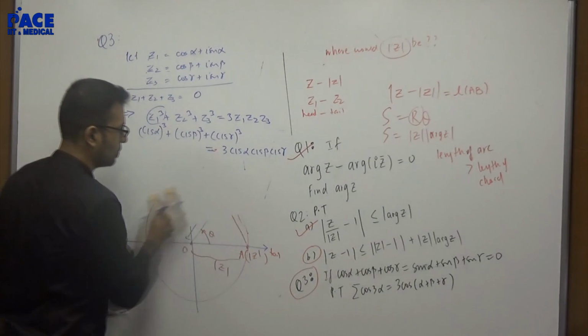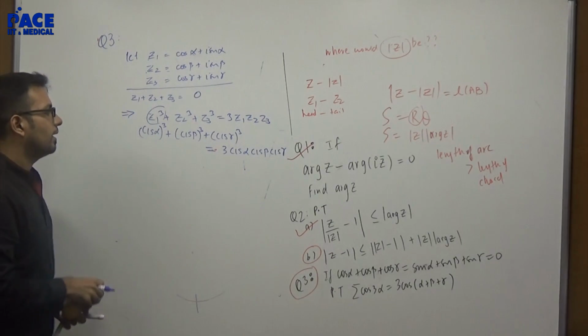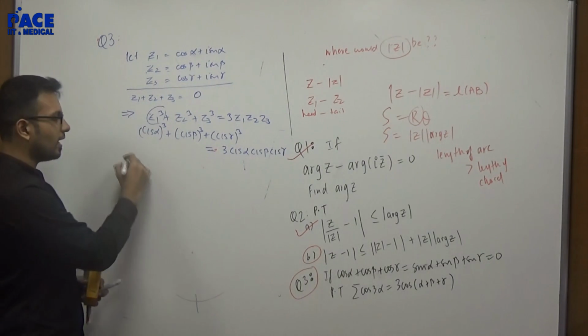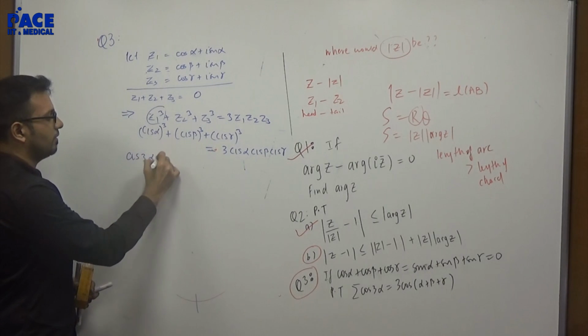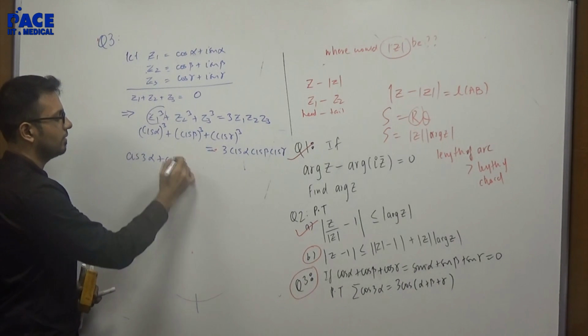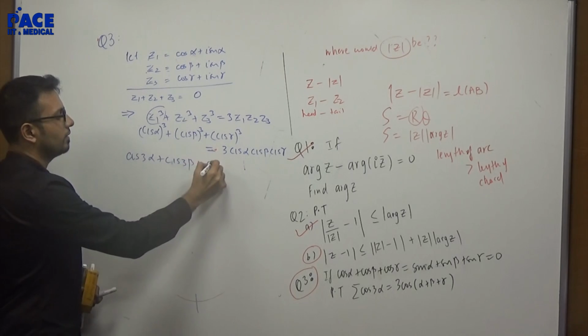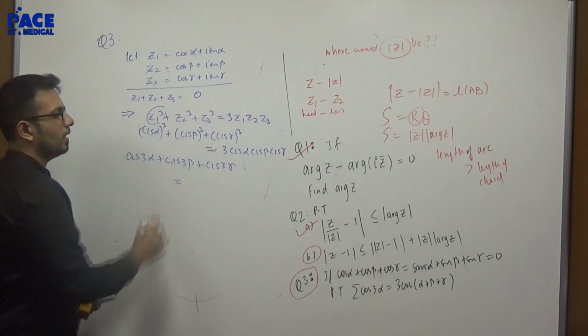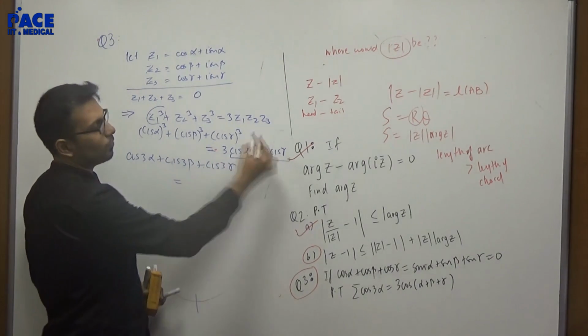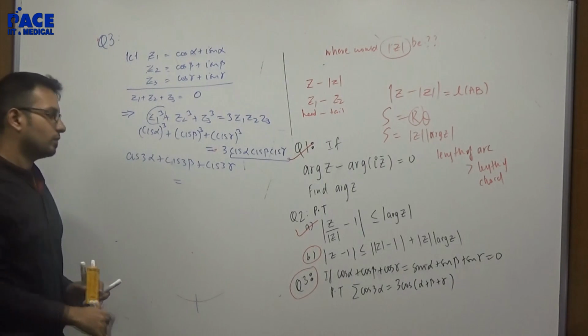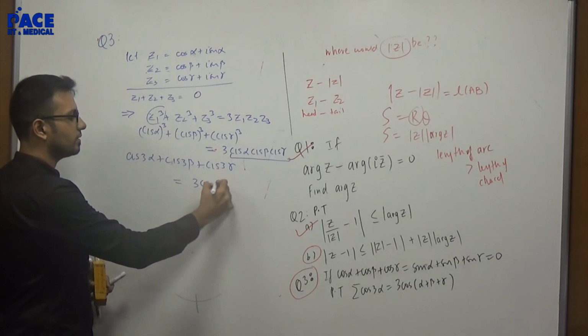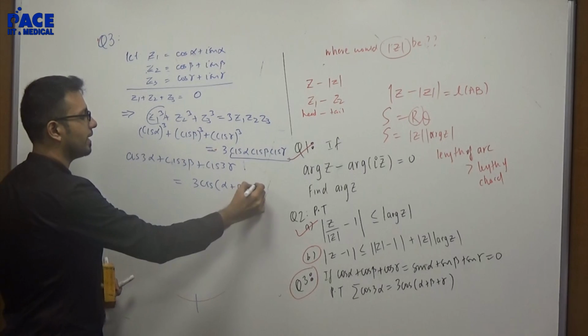Now cis alpha cube is cis 3 alpha plus cis 3 beta plus cis 3 gamma. जब cis मल्टीप्लाई होते हैं तो उनके एंगल्स ऐड होते हैं. It becomes 3 times cis of alpha plus beta plus gamma.